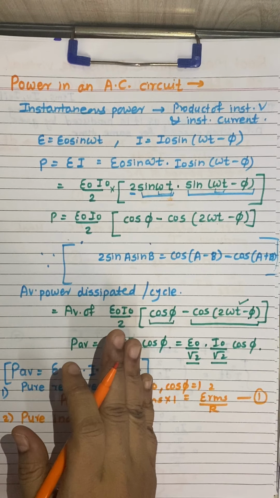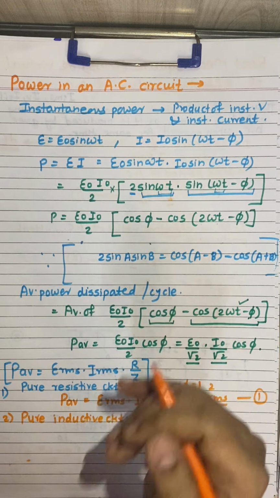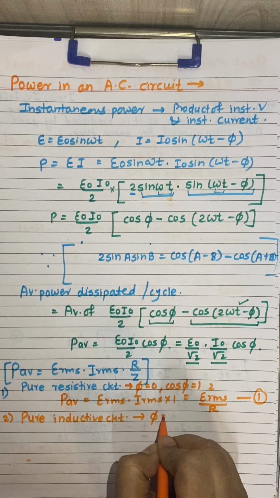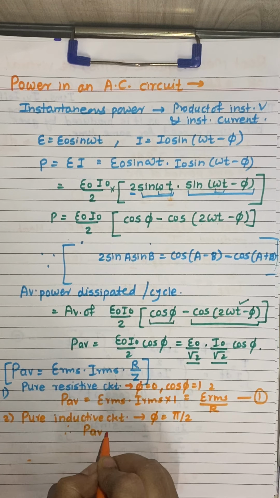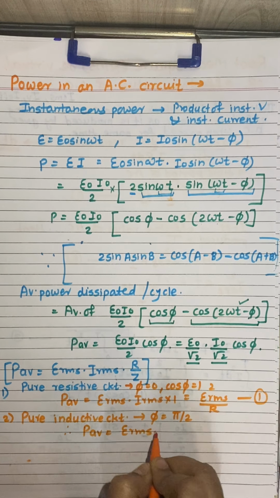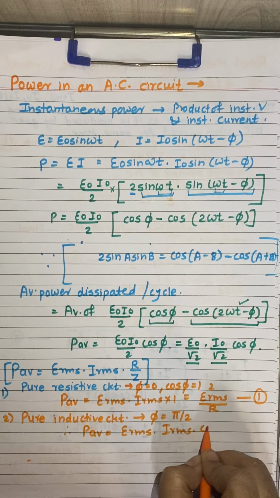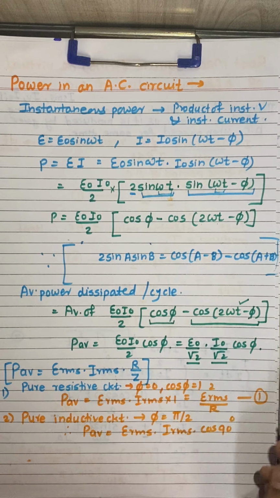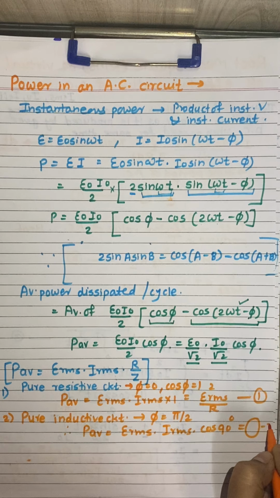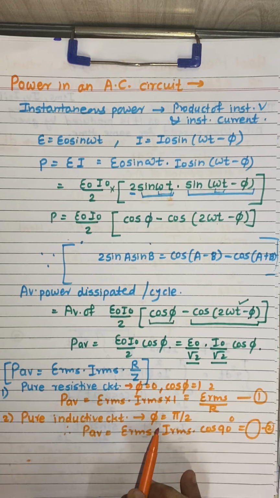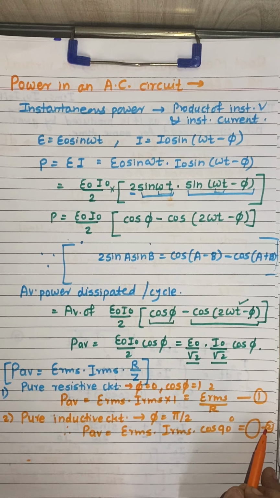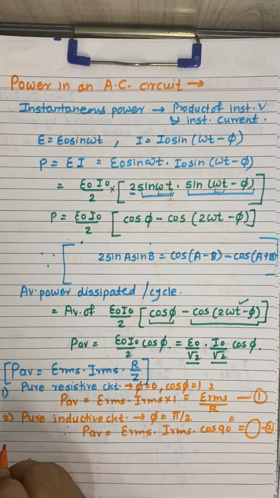As voltage is always leading and current is behind, according to our diagram we have phi equal to pi by 2, 90 degrees. Therefore P average is equal to E RMS into I RMS into cos of 90, and obviously cos 90 is 0, therefore we got the second answer as 0. And this we have specially calculated while considering the purely inductive circuit, that the average power consumed in the inductive circuit is always 0 over a complete cycle.